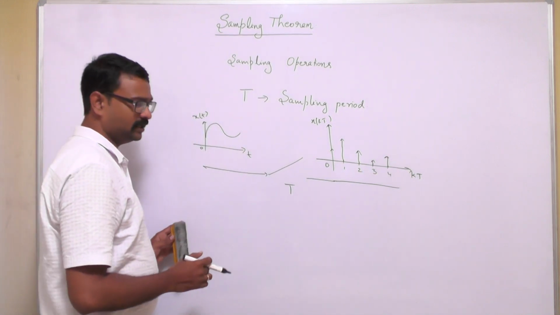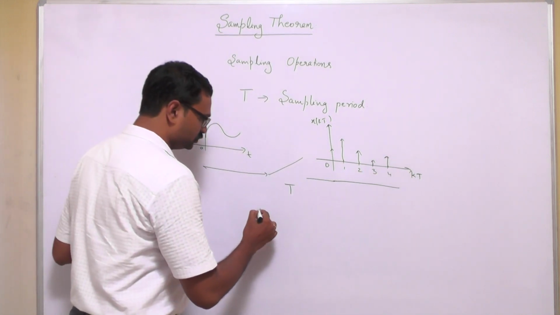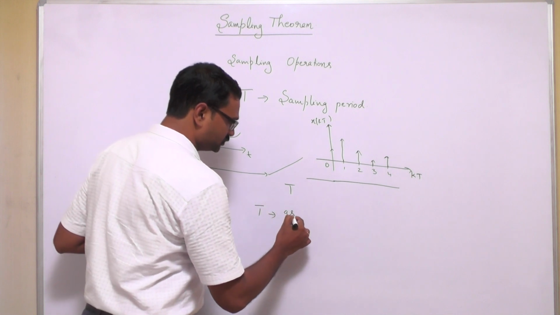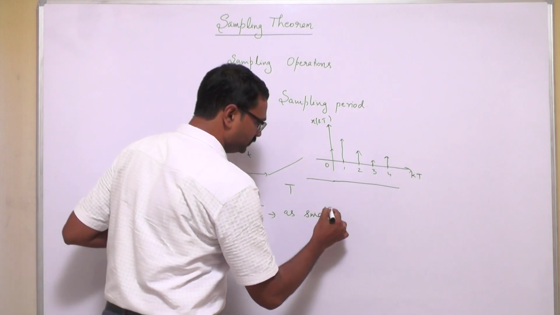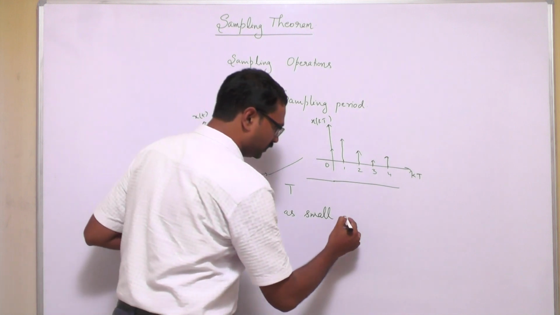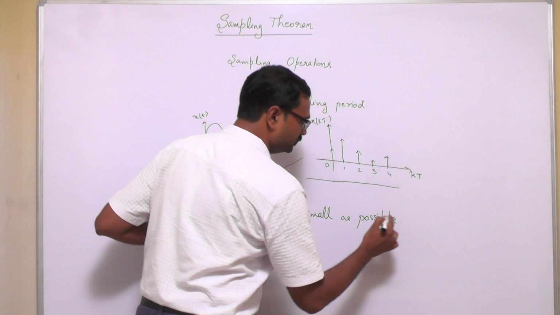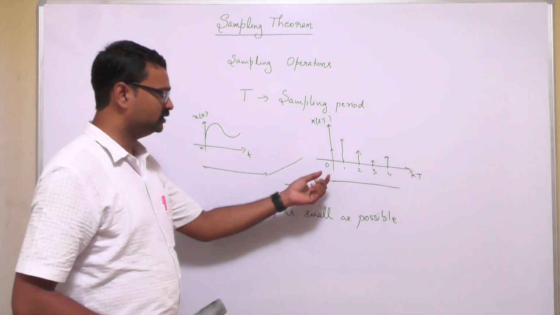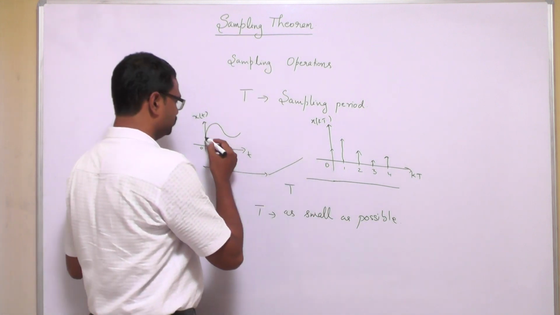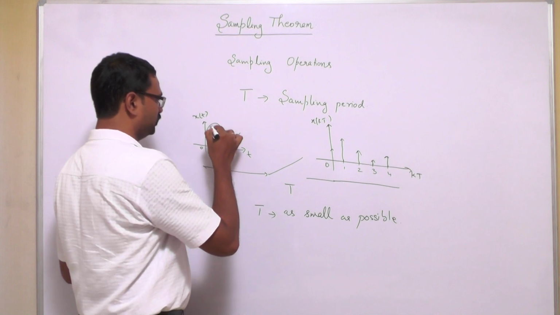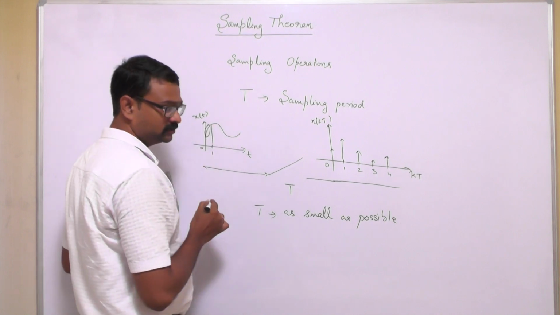And we can understand here that T should be as small as possible, so that we will not lose any information in between any two instants. The curve between 0 and 1 should not lose so much information.